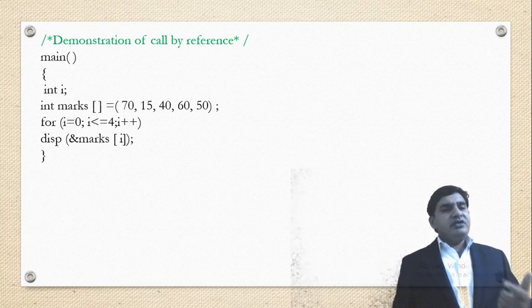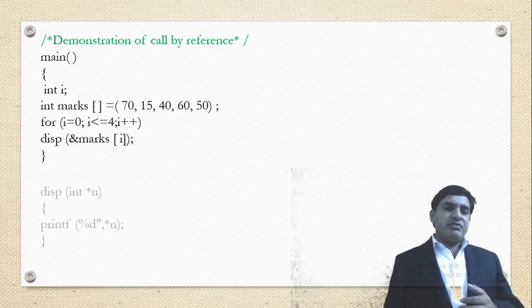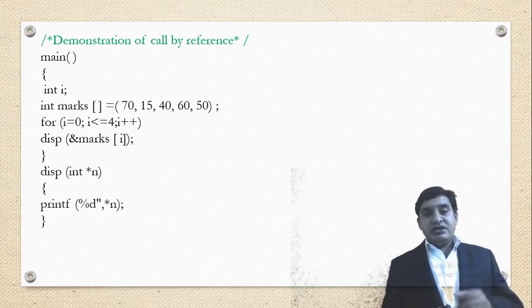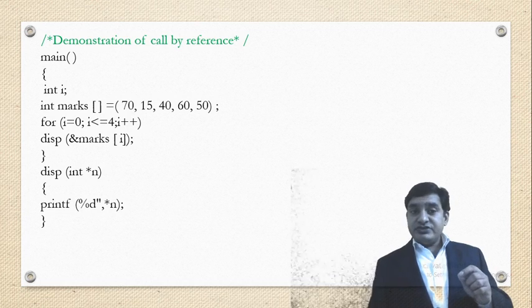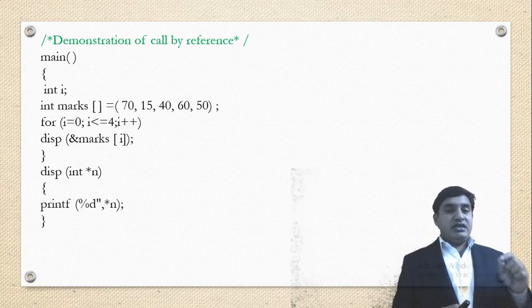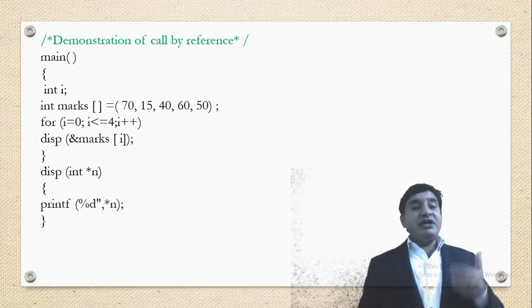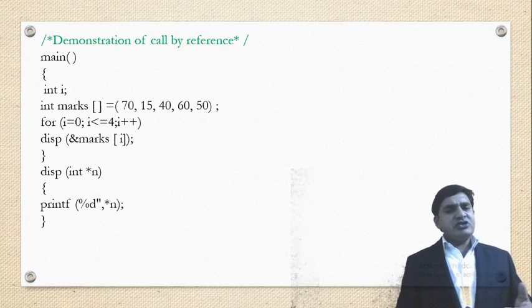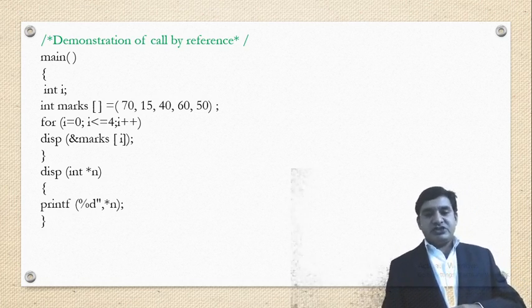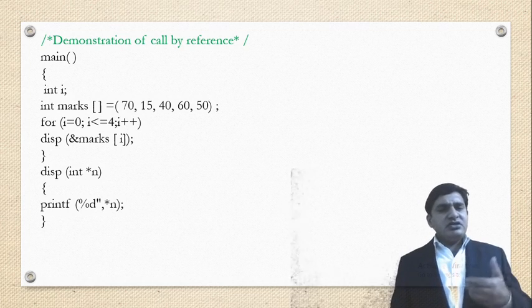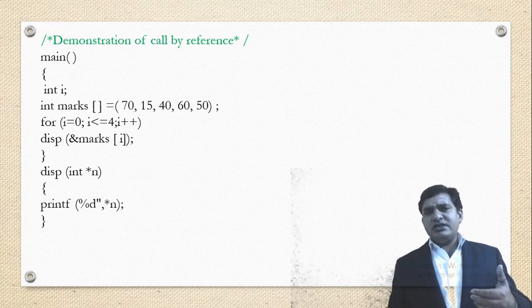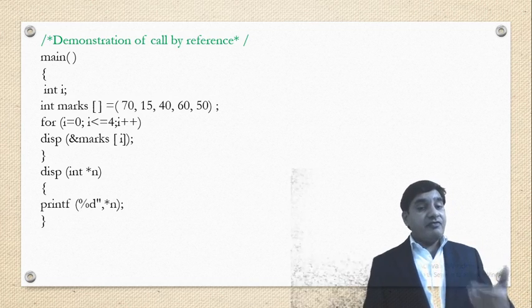Then closing curly bracket, display int star n. Then printf percentage d, because n is an integer. This percentage d, star n represents the call by reference.